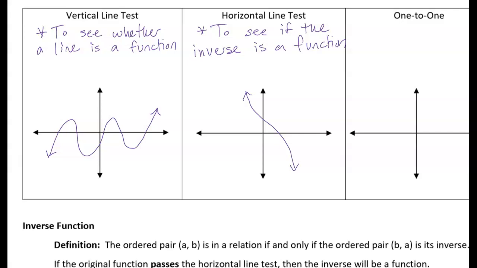It also passes the horizontal line test, because if I think of a horizontal line moving upwards over our graph, it never touches our cubic in more than one place. Therefore, the inverse is a function.